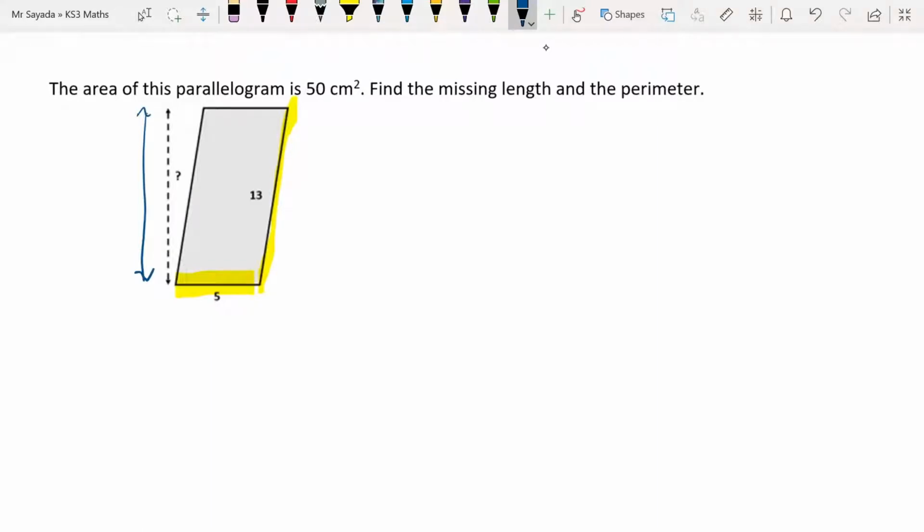Now, what we know is that the area of a parallelogram is the base times the height. So we know that the base times the height is 50. Now, in this problem, we know the base. We know that the base is 5. It's the height that we don't know. This is the height, and we don't know the height. So the base, which we know is 5, times the height, which we don't know, so I'm just going to call that h, equals 50.